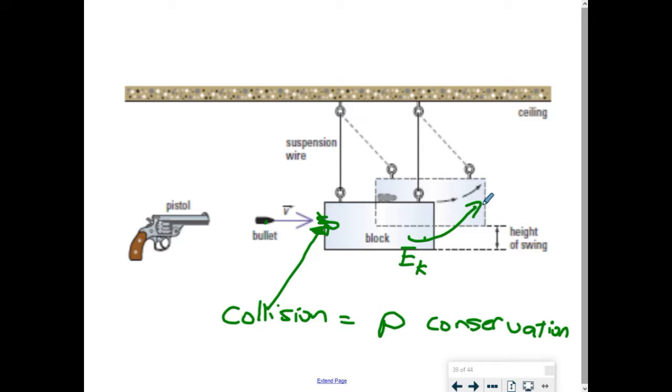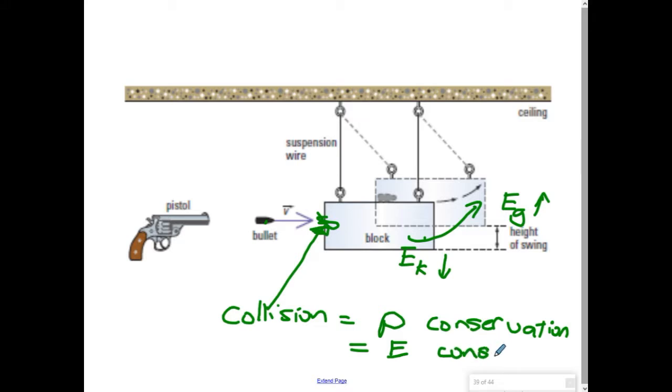As the block rises upwards, its kinetic energy is decreasing because its potential energy due to gravity is increasing. After the collision, we can use energy conservation. I'll write that as E conservation down here. So you may be asked to use multiple physics principles together. This is during the collision, and this is going to be after the collision.